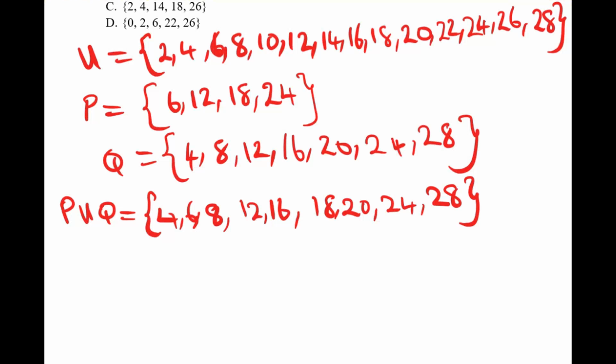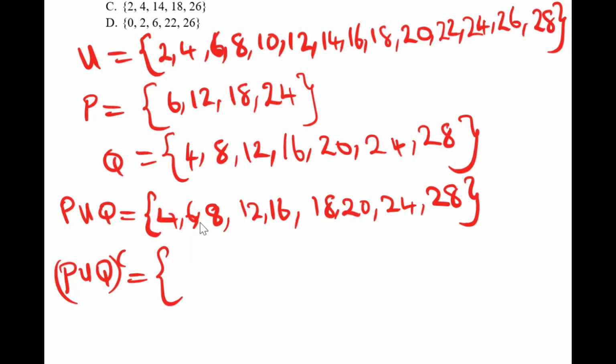Therefore, (P union Q) complement will be the numbers in the universal set that are not elements of P union Q. So let's move serially.